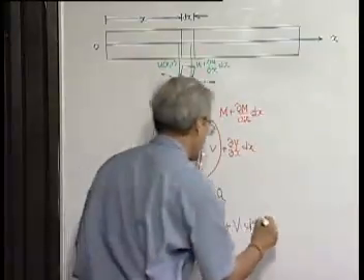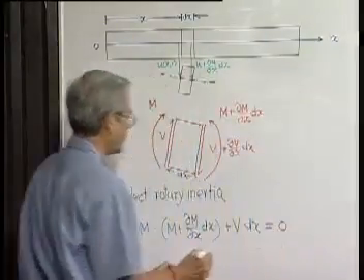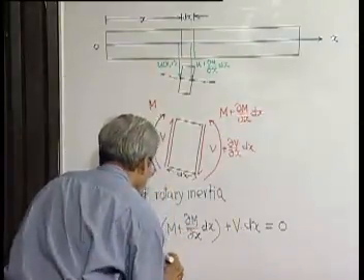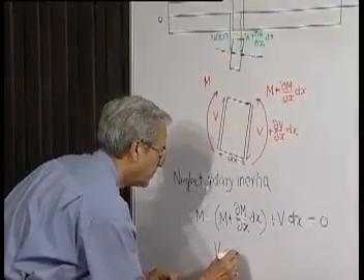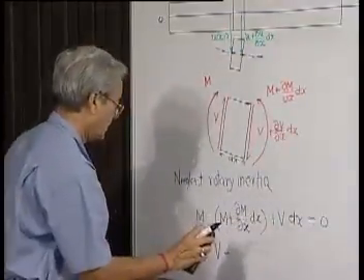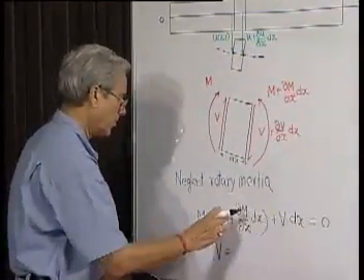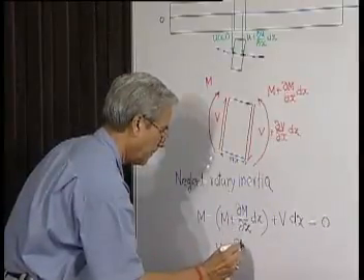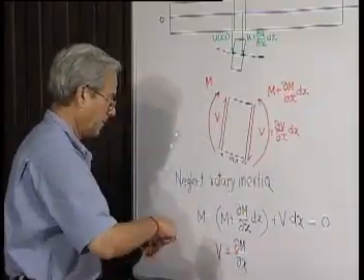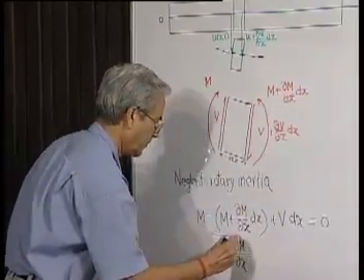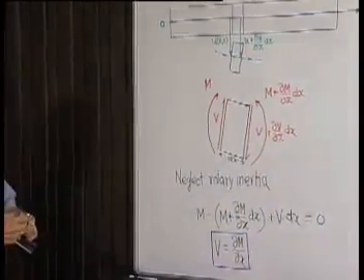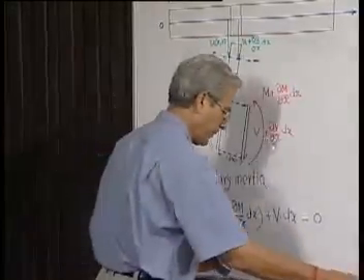This must be equal to 0 because there is no rotary inertia, and this gives us the shear force; we take it to the other side, and that is the relationship we get. Fine.